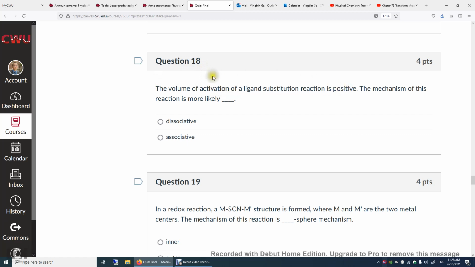That means in the rate limiting step, the reaction involves a dissociation step, so dissociative. All right, because dissociative reactions involve the increase of the volume when one or more ligands leave the complex. The volume increases.